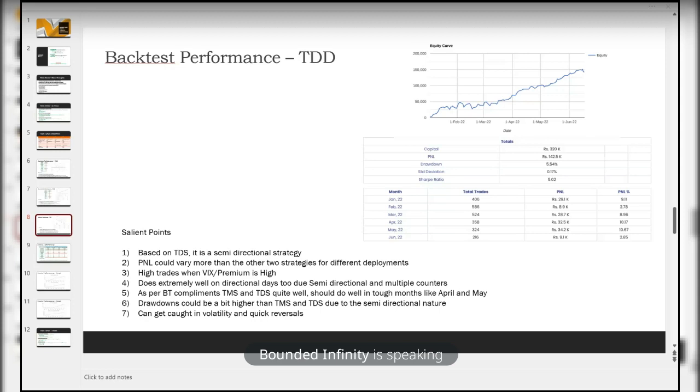So you are reducing the gamma impact. Exactly. In TMS, we are trying to reduce that. But in TDS, you don't have that issue because you exit sooner, before the gamma kicks in. Exactly.